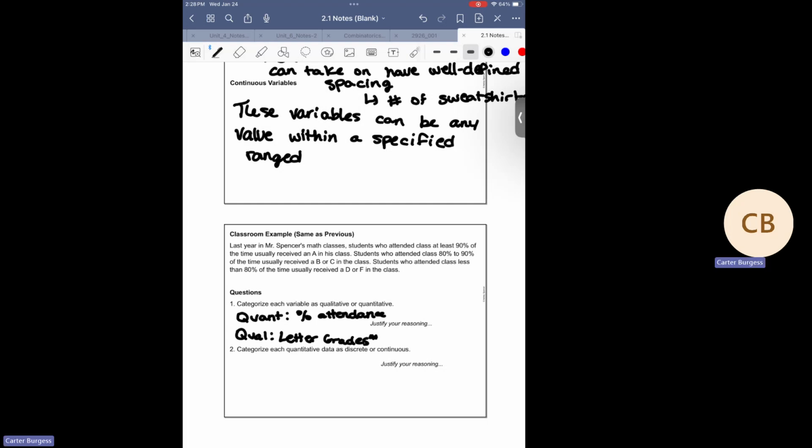But let's try taking a look at why I would claim that it's discrete. So I actually don't dislike continuous as an idea. There is no reason why a percentage couldn't be 55.5% or anything like that. The main problem that we're going to run into here is that there are a limited number of days that we can miss.